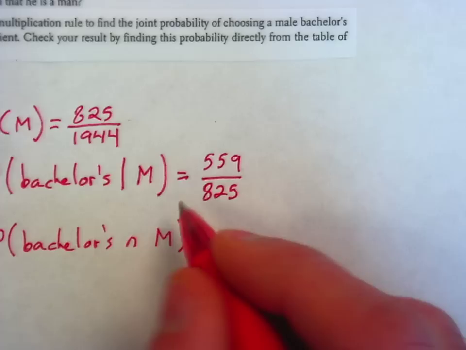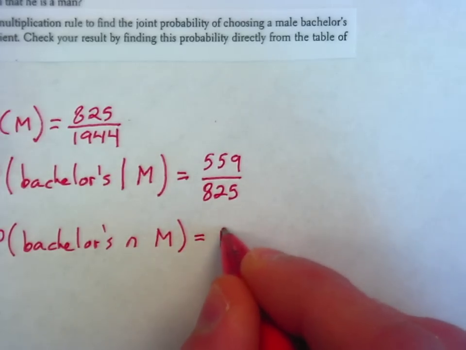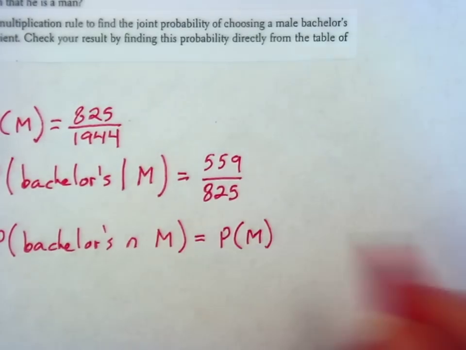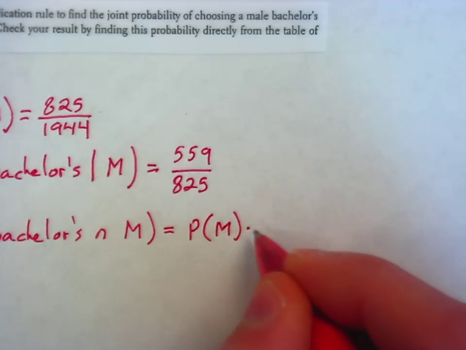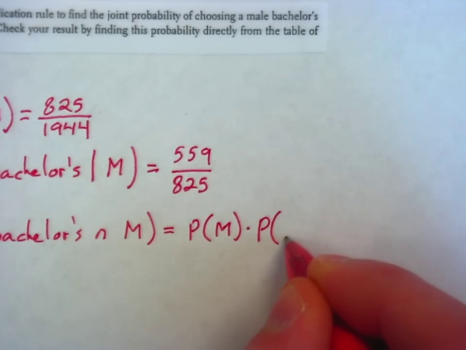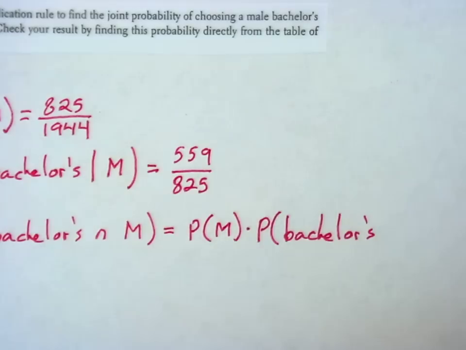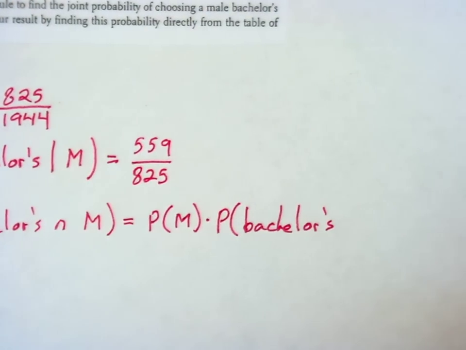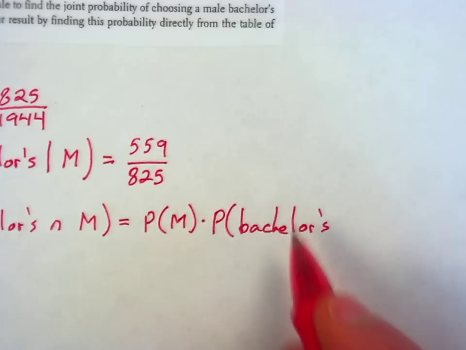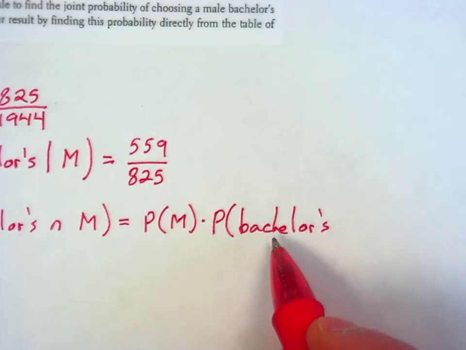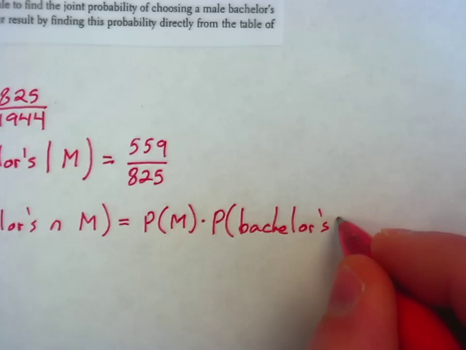So that should be the probability of being male times the probability of having a bachelor's degree. But under a condition. We don't know that these are independent events, so the probability of having a bachelor's degree but already knowing that I have chosen a male.